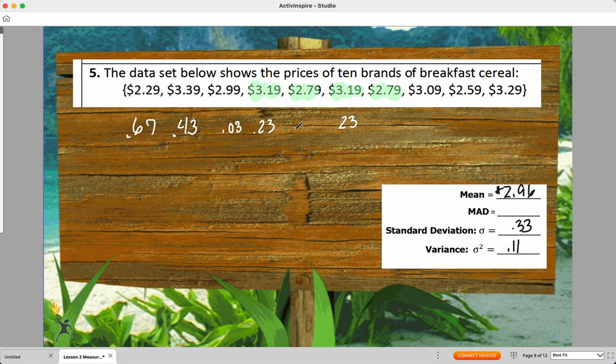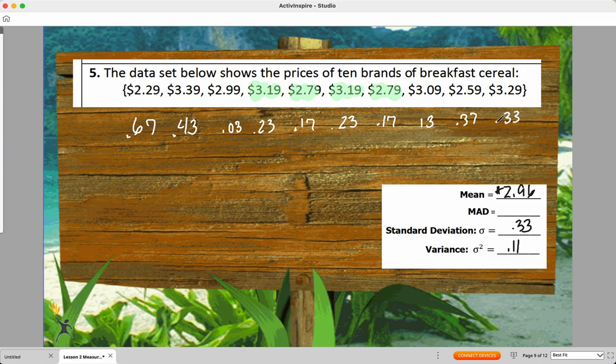Forgot my decimal points. 17 cents here, or the negative 17 cents, but we're going to keep it positive because we are going to take absolute value. 3.09 minus 2.96. 13 cents here. 2.59 minus 2.96. 37 cents here. And 3.29 minus 2.96. I get 33 cents here.